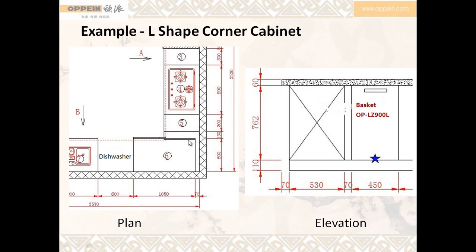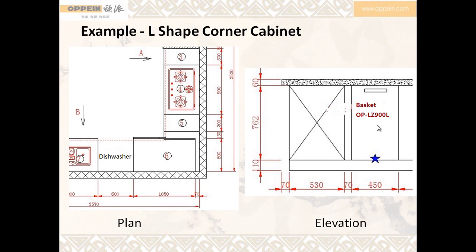Here's an example. The picture on the left side is the plan of a kitchen cabinet. Here, number 6 is the L-shaped corner cabinet. The width is 1,050 mm. The picture on the right side is the elevation.